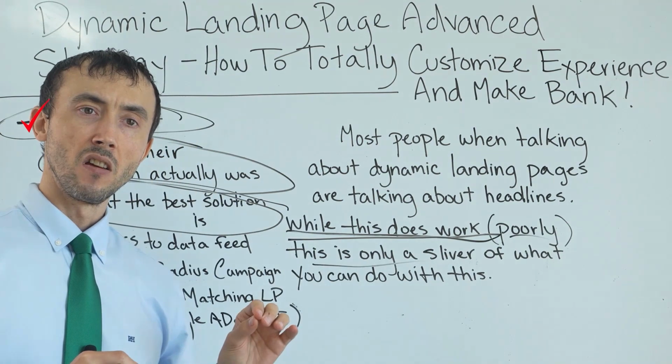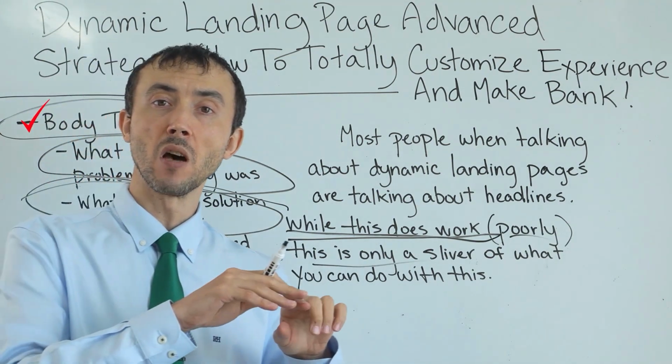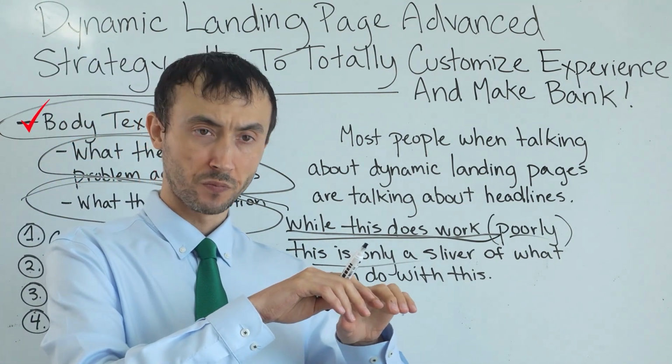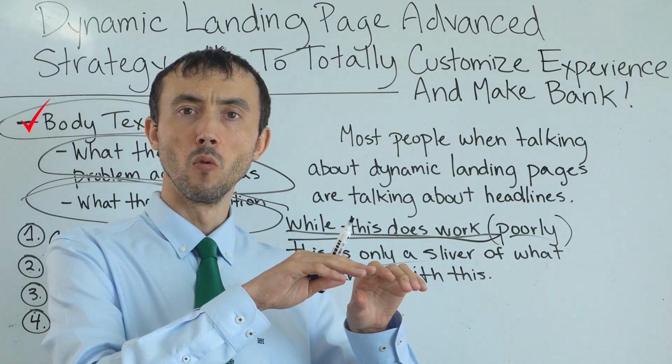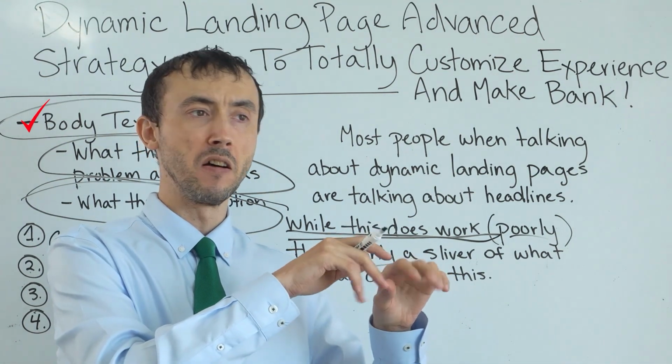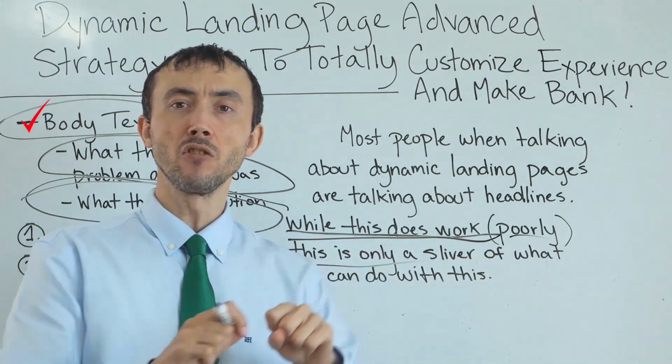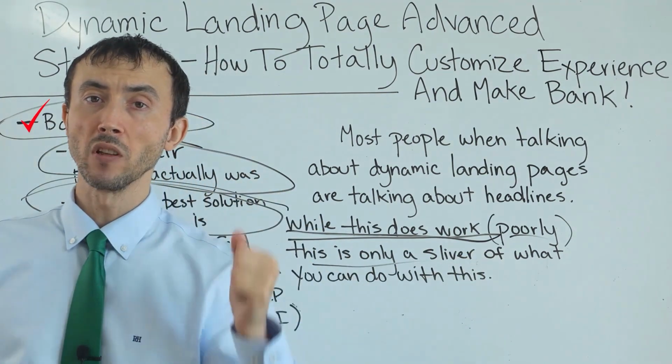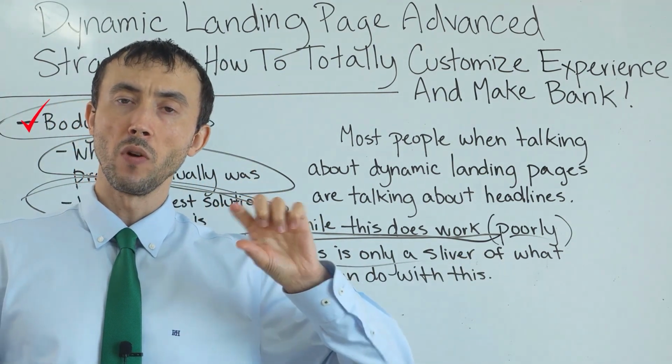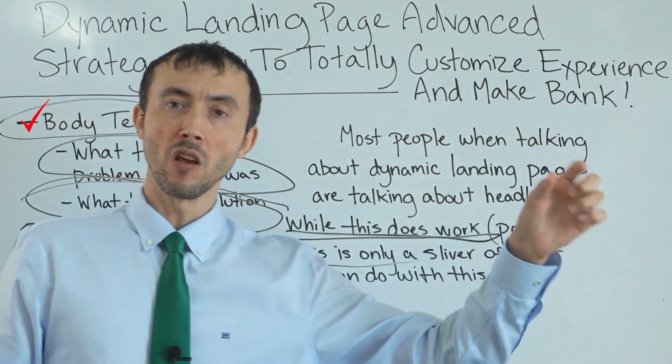In other words, if a person's coming to Google to type in debt consolidation services, we can have them come to a landing page where we actually say we have a lien solution.